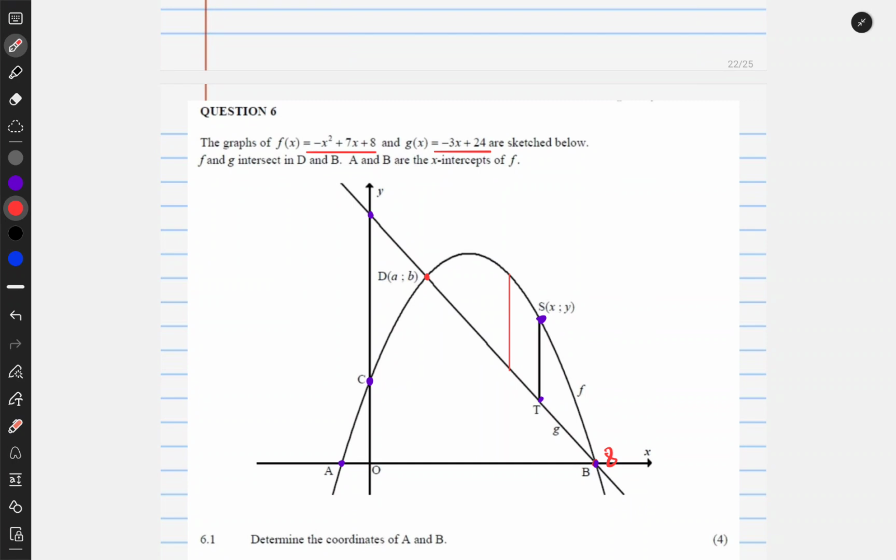So any length between these two graphs can be calculated by that formula we've just calculated for ST.